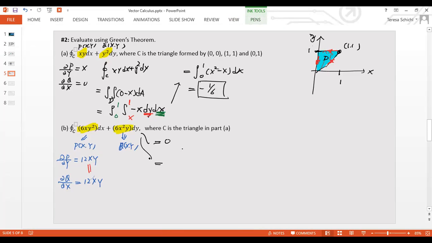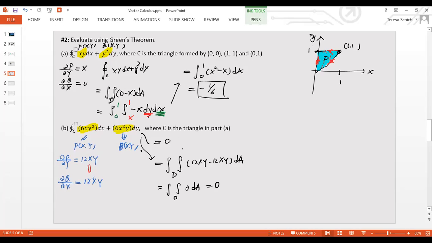This integration can change to an integral over this region of ∂Q/∂x minus ∂P/∂y, so it's 12xy minus 12xy over this region dA. So this is 0 dA. Of course it's 0 also.